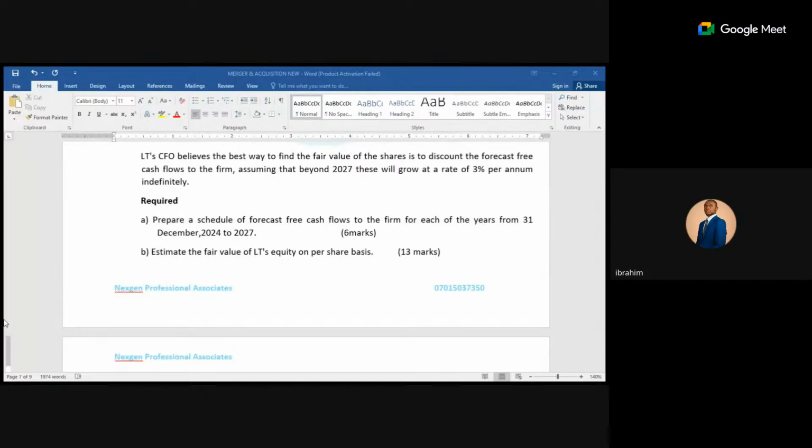Class, for every 3 shares in Abbas company, I will give 2. So that is share for share.